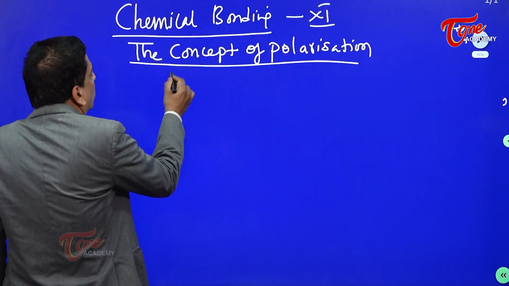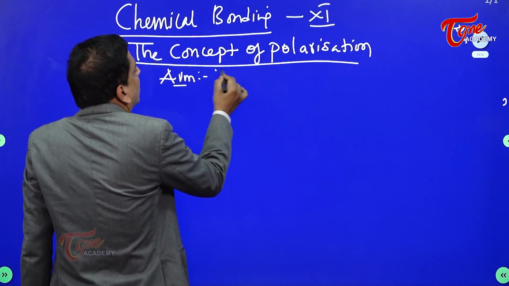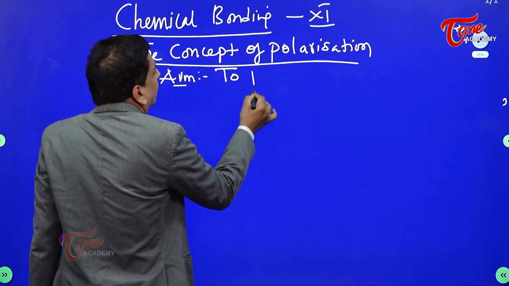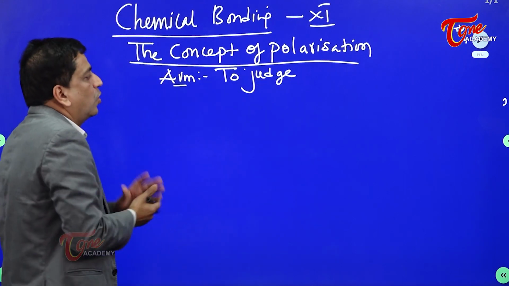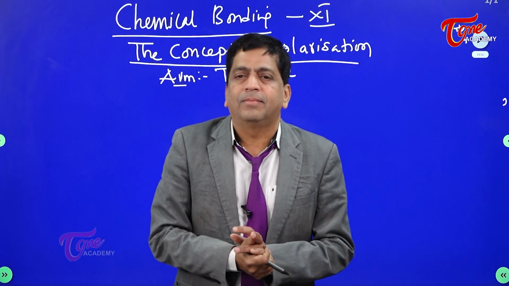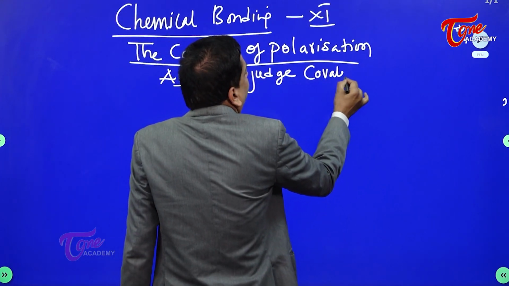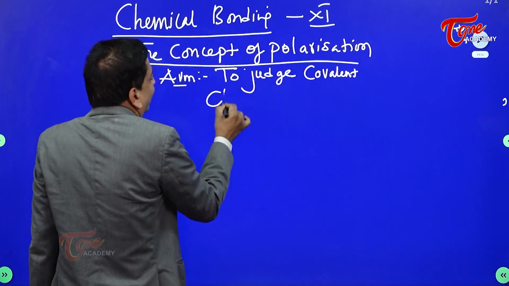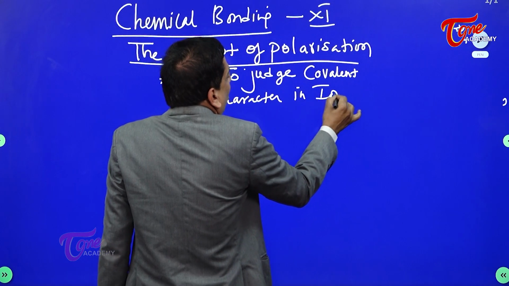The aim of this is basically to judge covalent character in ionic compounds.